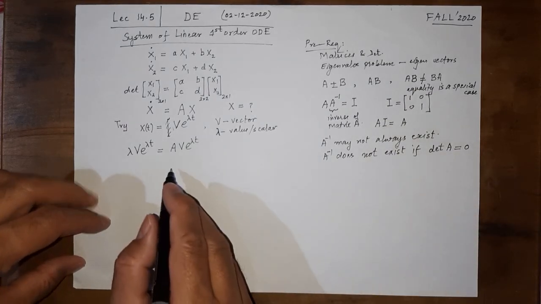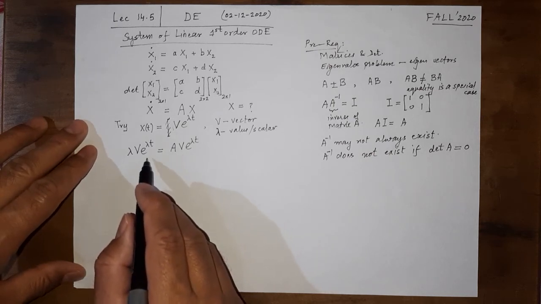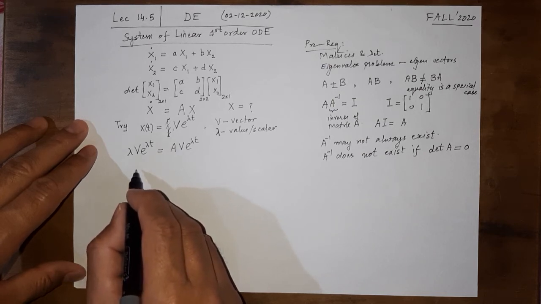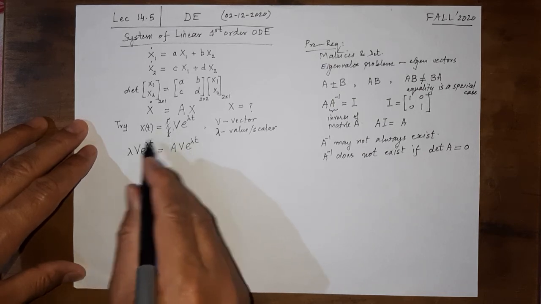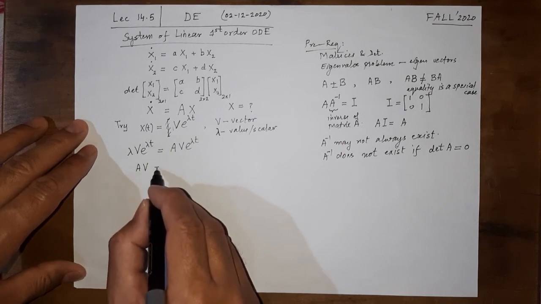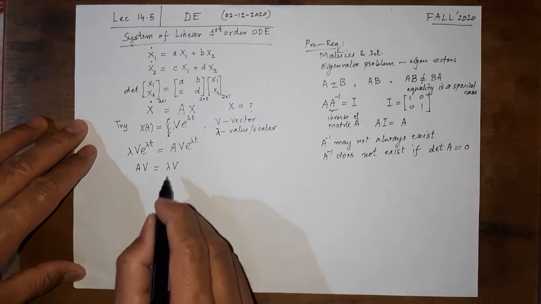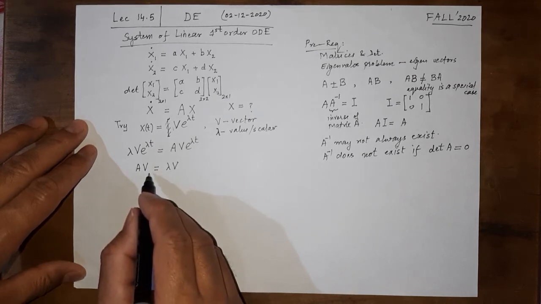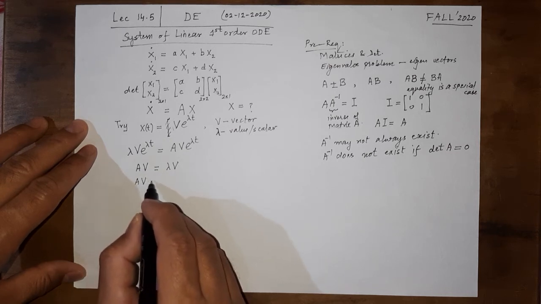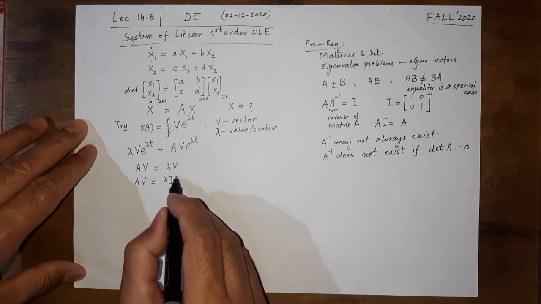So let us come back here. When we are dealing with such a system of equations, we can fairly easily see, let us write it in this way, that AV is equal to lambda V. Now it is important that we introduce an identity matrix here, IV.